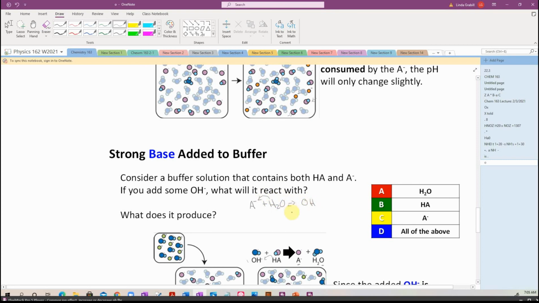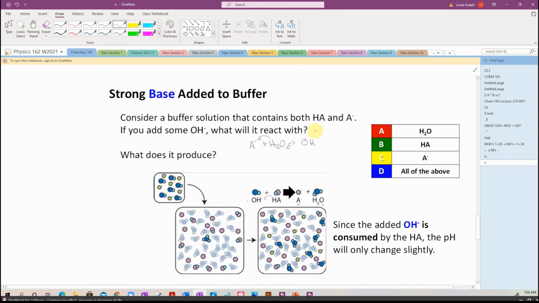Equilibrium arrows. So that means I am still increasing my pH, but just not as much as I would if it was the strong base directly into the water, like a sodium hydroxide kind of base. And the picture shows the exact same thing.